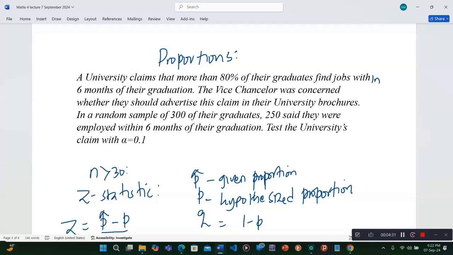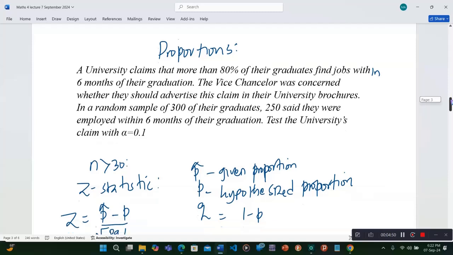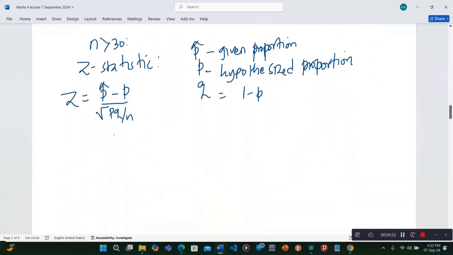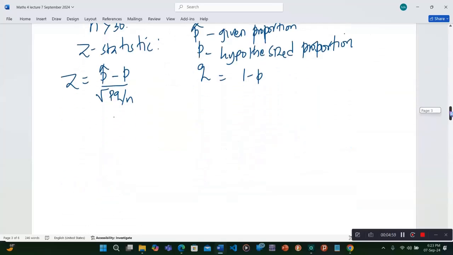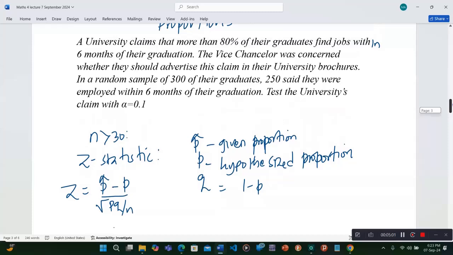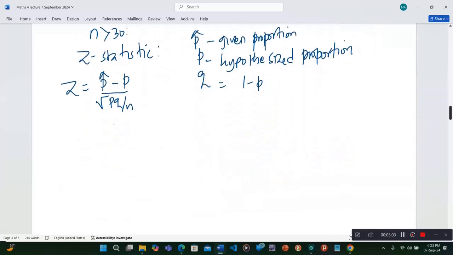Of course you can have either P less than 80, equal to 80 or greater than 80, but the claim is saying more than. So the alternative hypothesis is going to be P greater than 80%. Then the null hypothesis is going to be P is equal to 0.8 or 80%.